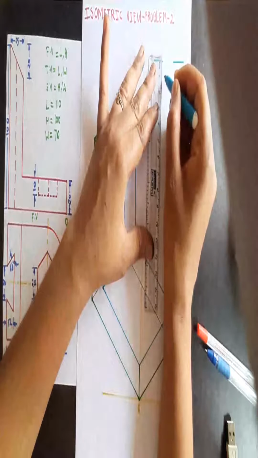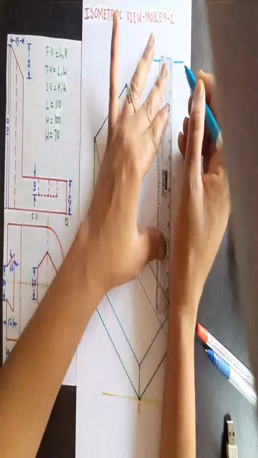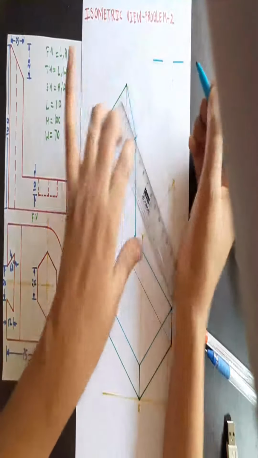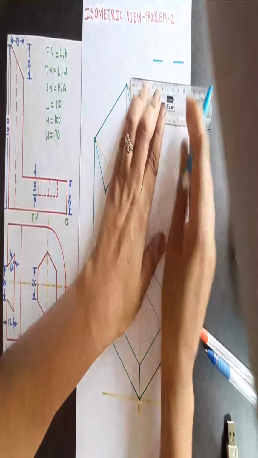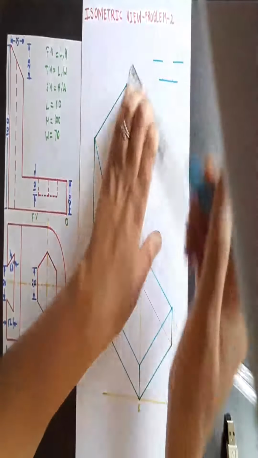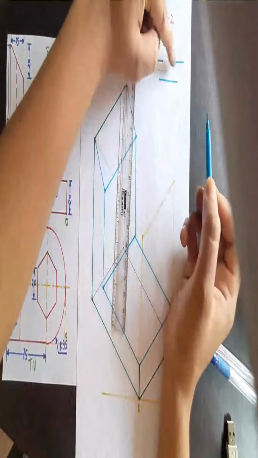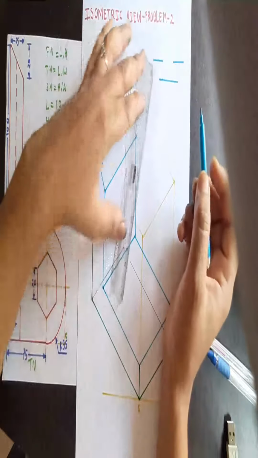So let me mark a point, take a height of 12 mm and draw a line passing through it, and then from these 2 points draw an angle of 60 degrees.